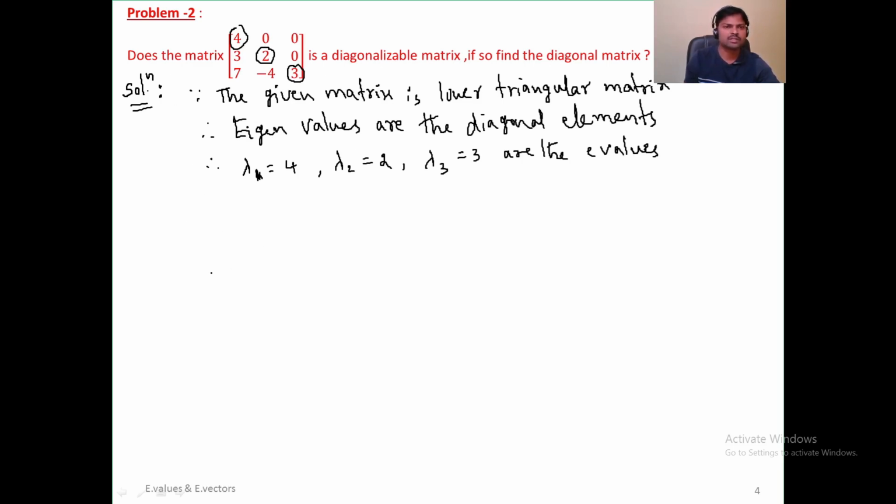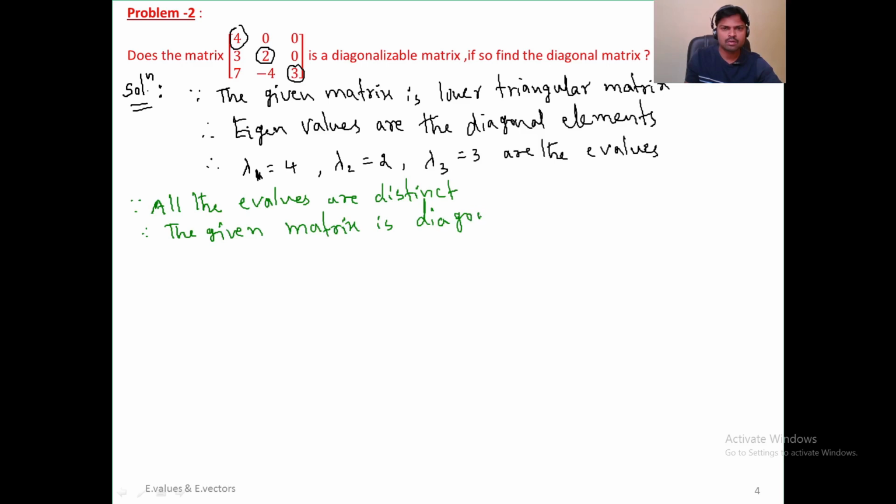Is the matrix diagonalizable? Since all the eigenvalues are distinct, therefore the given matrix is diagonalizable. Okay. And if so, find the diagonal matrix.